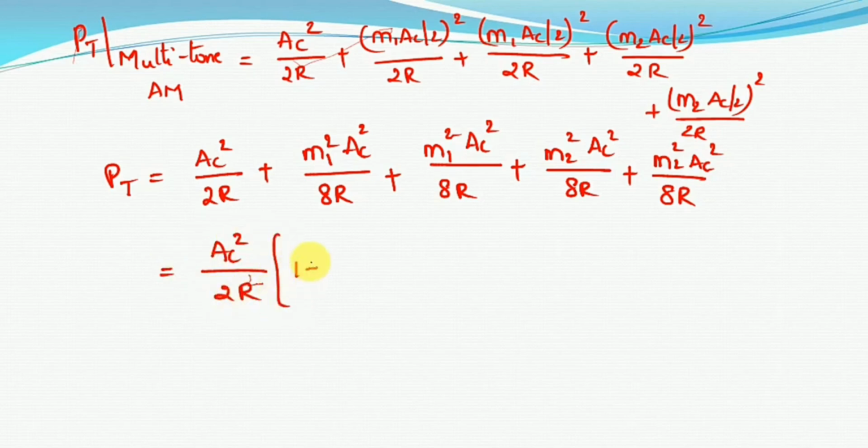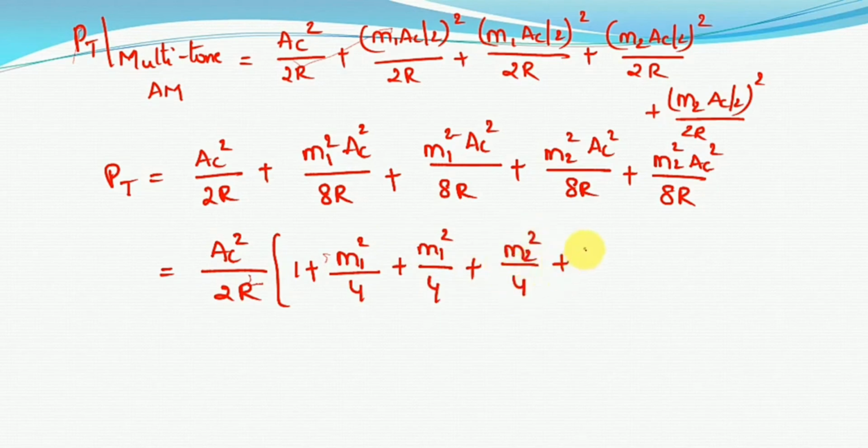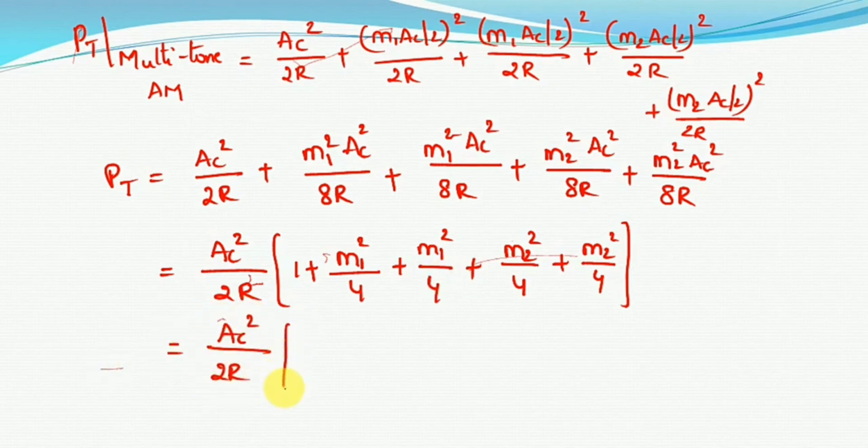Then its value is 1 plus m1 square by 4 plus m1 square by 4 plus m2 square by 4 plus m2 square by 4. I can write m1 square by 4 plus m1 square by 4 as m1 square by 2. So it is AC square by 2R into 1 plus m1 square by 2 plus m2 square by 2.